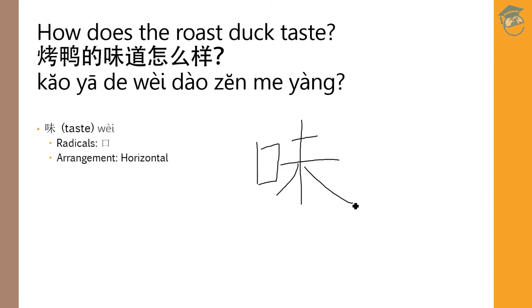And you might have noticed for this word, the first horizontal stroke at the top is shorter than this one. So this word is different from the word you have just learned. Again, I must emphasize that when you're writing 味, remember the first stroke must be shorter than the second stroke. Otherwise, it can be a different word.